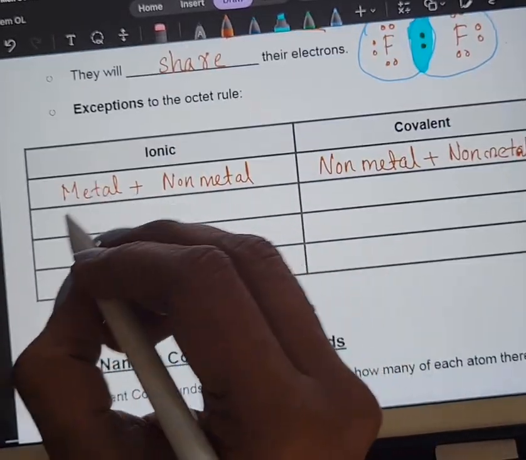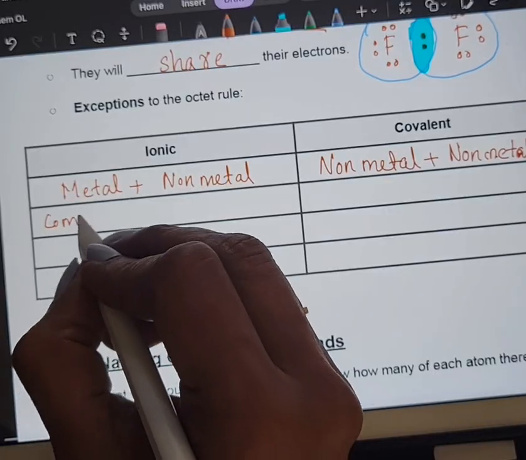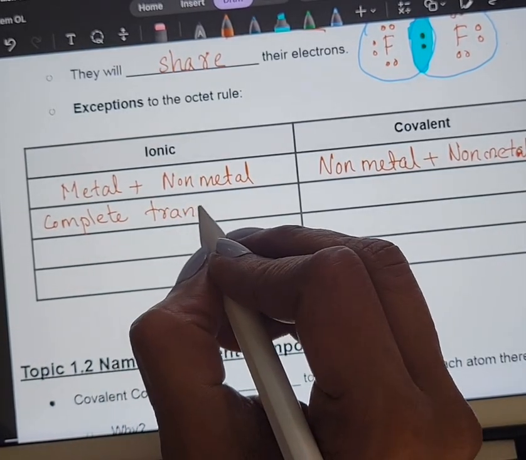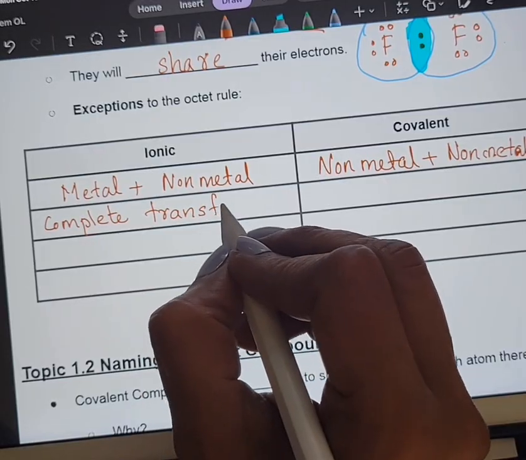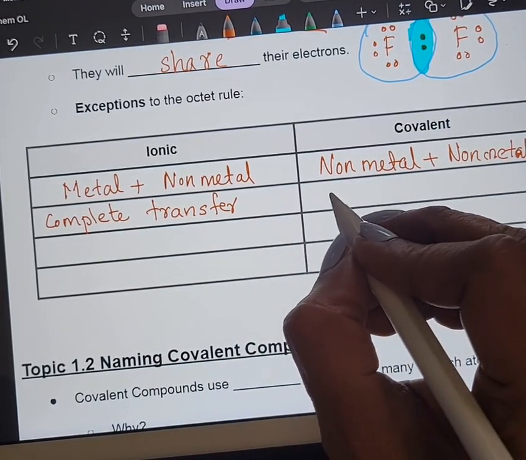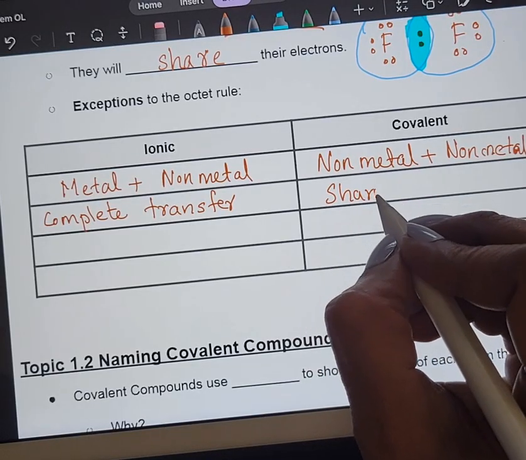In ionic, there is a transfer of electrons from one atom to another, a complete transfer. And in covalent, it is sharing electrons.